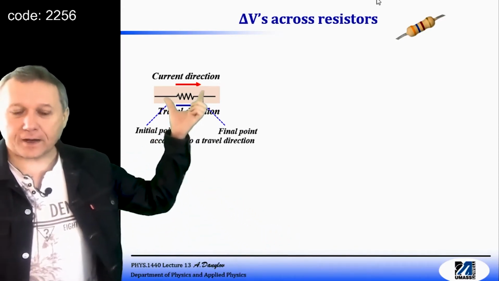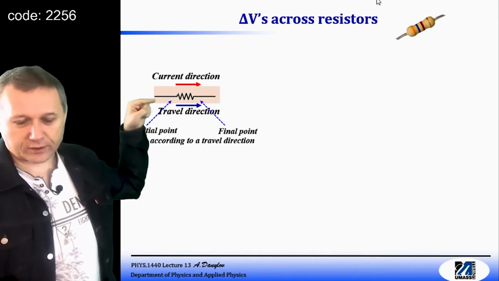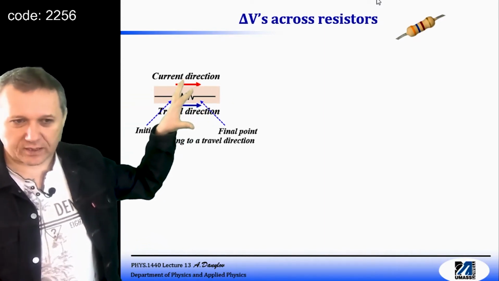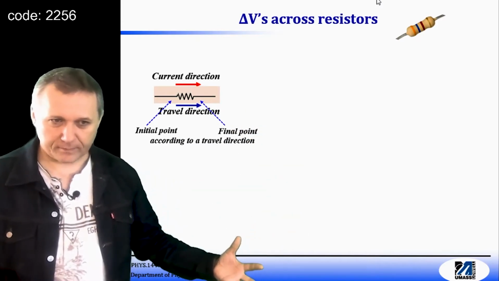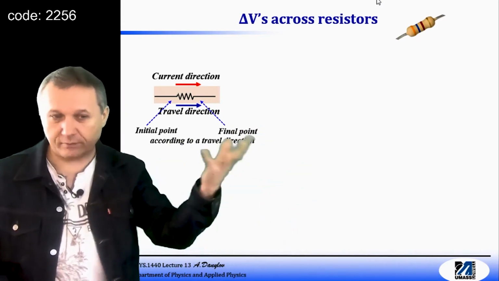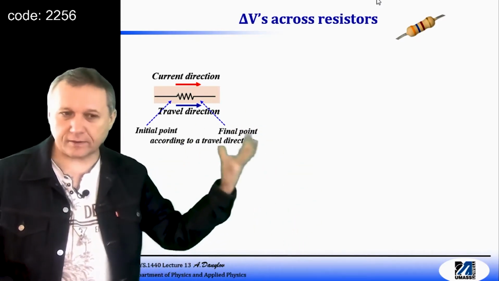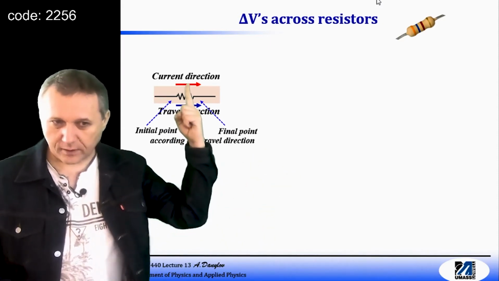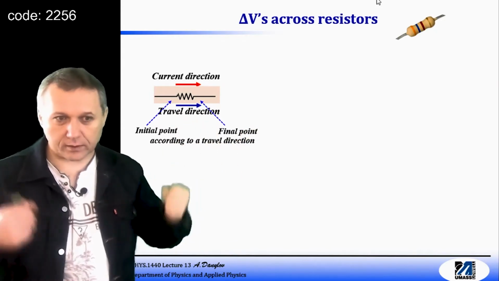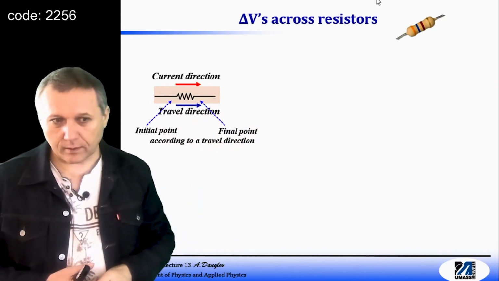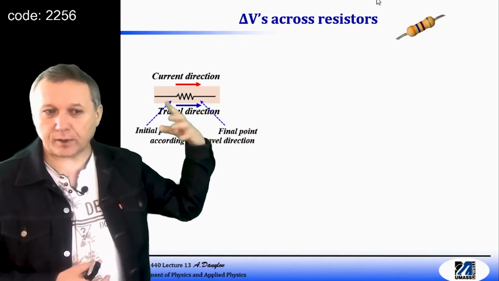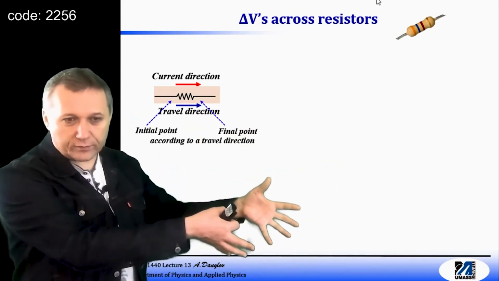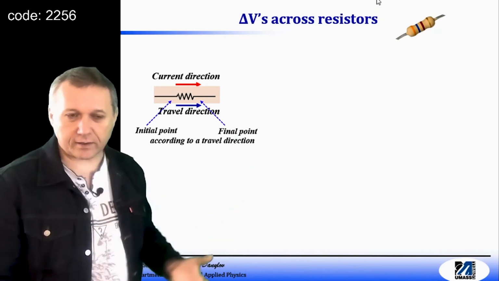So if I assume my current direction, for example, that way, and using that assumption I solve the problem, I find the value of the current. Every time we will have to find the current. And if this current happens to be positive, okay, I'm good at gambling. It means that my assumption about current direction was correct, and I have the value of the current I calculated.